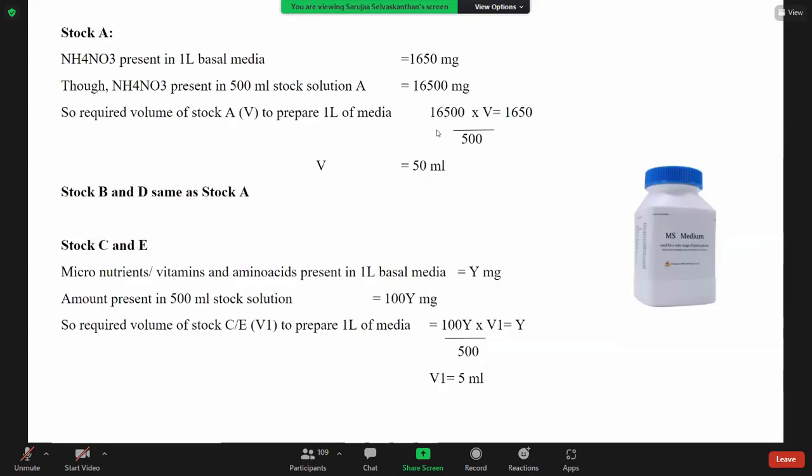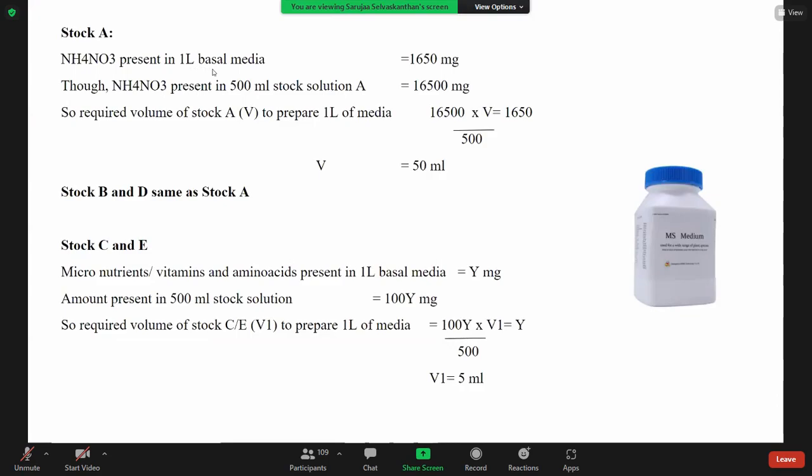Okay, this is the basal media. Then 1 liter of basal media we are going to prepare, for tomorrow's work, right?